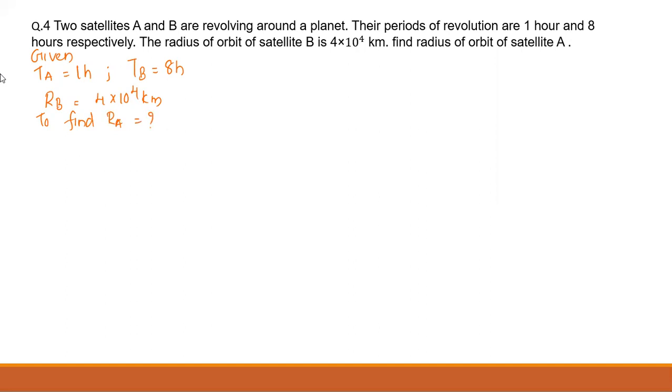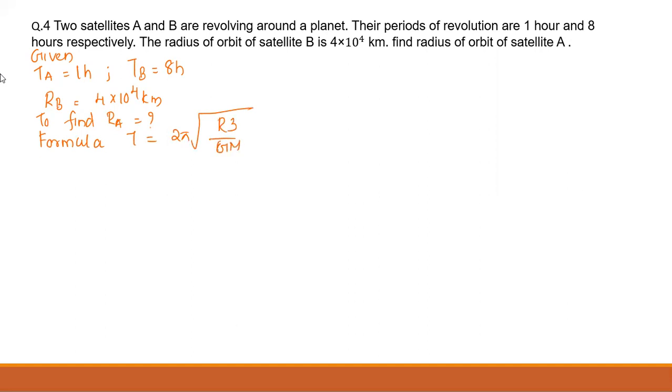Now, we know that the period of revolution of a satellite is given by the formula T is equal to 2 pi under root R cube upon GM.